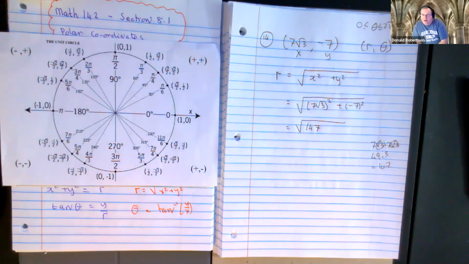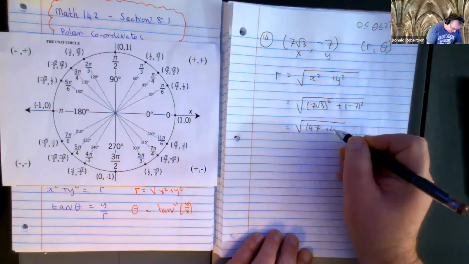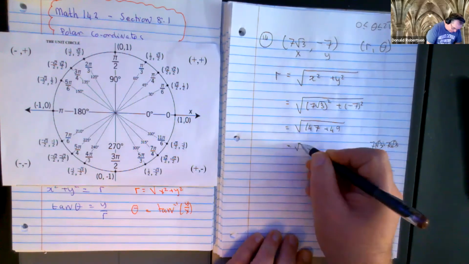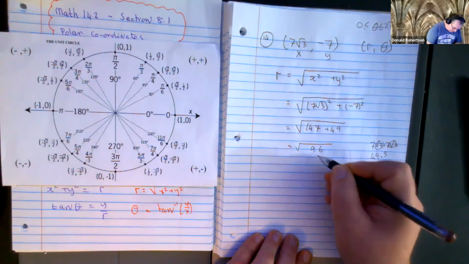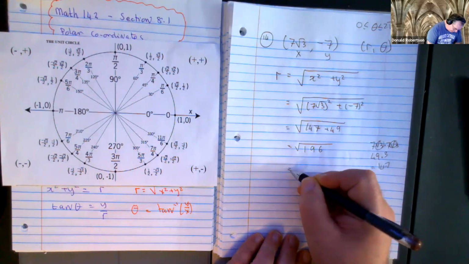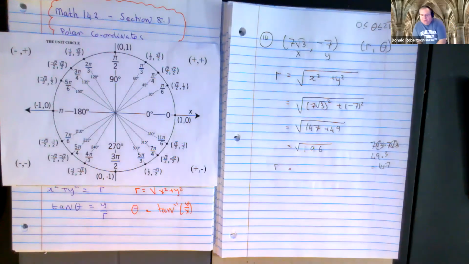7√3 times another 7√3 gets you 49 times 3, which is 147. And -7 squared just gets you 49. And that adds up to get you 196. And if you're really, really lucky, you might get an answer like the square root of 196.